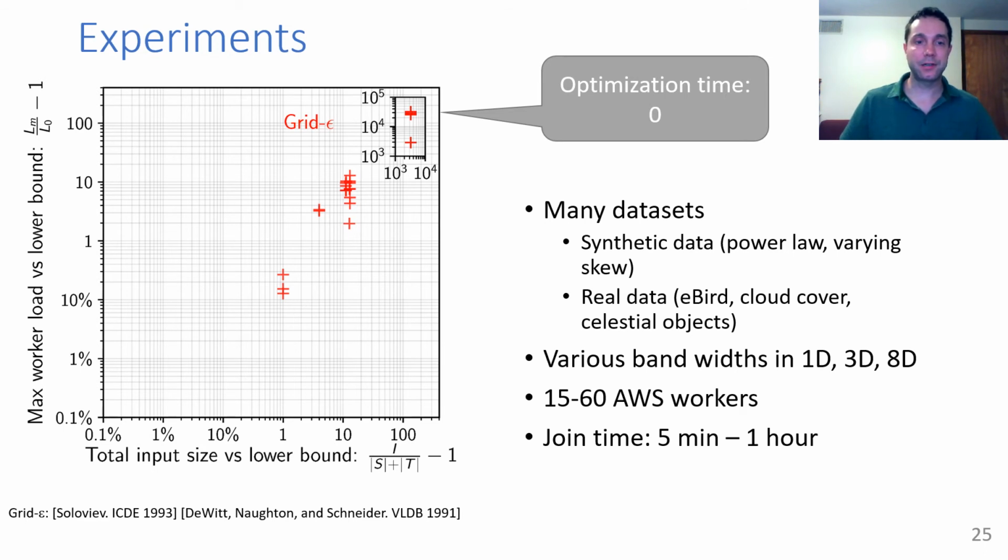On the left, you see a graph that shows on the x-axis the overhead in terms of input size against the lower bound. Similarly, on the y-axis, we see the overhead of max worker load against the lower bound. Notice that both axes are log scale. What we see here is that grid epsilon is pretty much all over the place, and in some cases, it is actually 10, 100, or even 1,000 times worse than the lower bound.